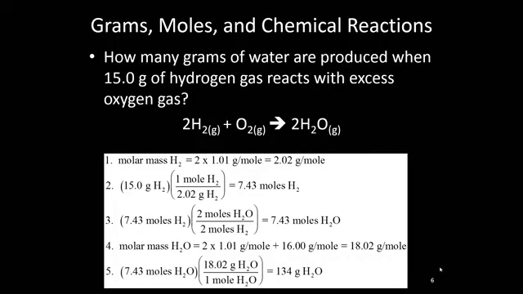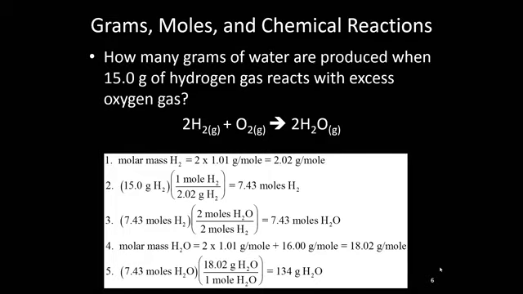Next, we need to calculate the molar mass of water, which is 18.02 grams per mole. We get this by taking 2 times the molar mass of hydrogen plus the molar mass of oxygen. Finally, we must convert moles of water to grams of water.